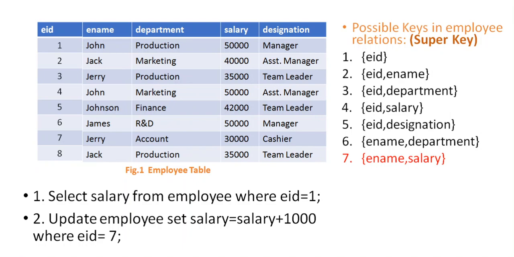So ename and salary cannot be a key, because if you write a query like this, select star from employee where ename equals John and salary equals 50,000, it will give you two rows, one John who is working in the production department and another who is working in the marketing department. So ename and salary cannot be used as a key in this relation.